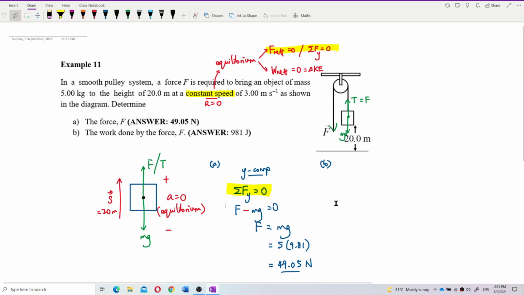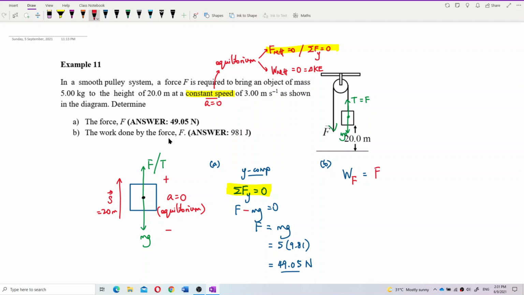Now, for B, work done by the force F. So how to do it? Actually very simple. Work done by force F uses F dot S, because it's force F, isn't it?